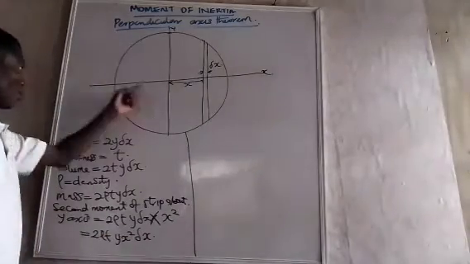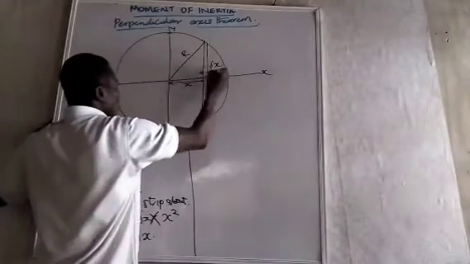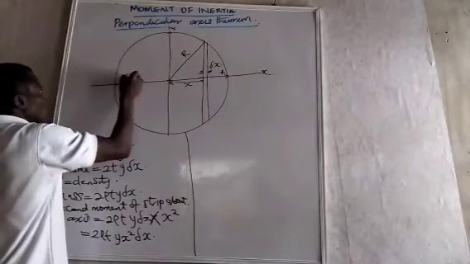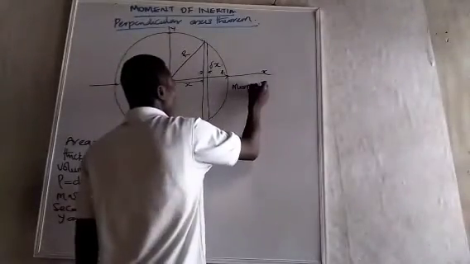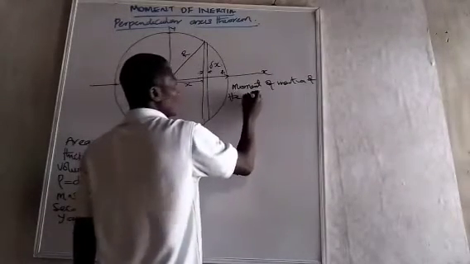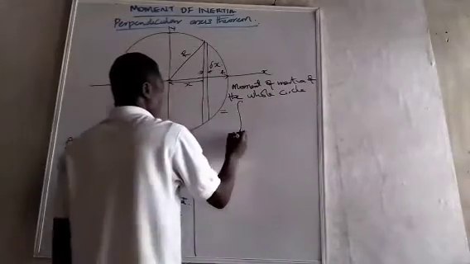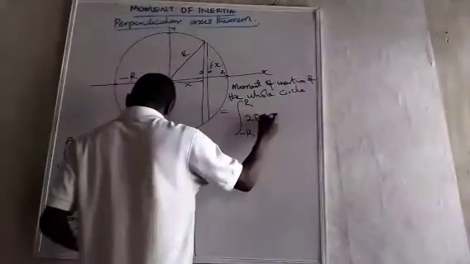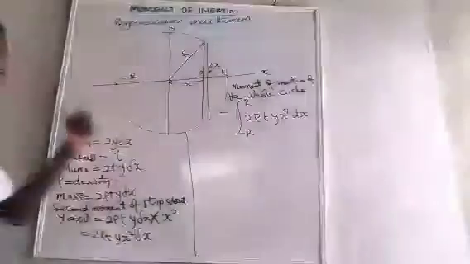Now, the radius of the circle is r, and from this place to this place will be r, but we take it as minus r. So the moment of inertia of the whole will be equal to the integral from minus r to r of 2 rho y x squared dx.